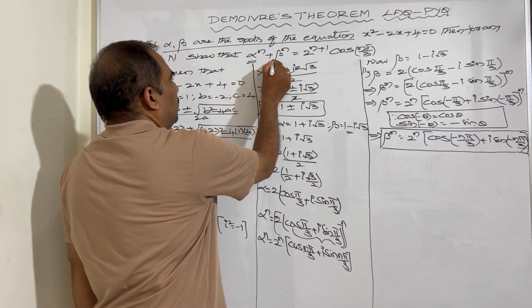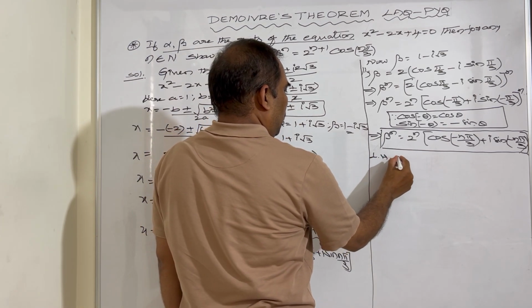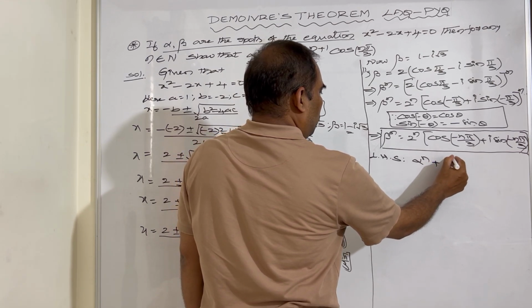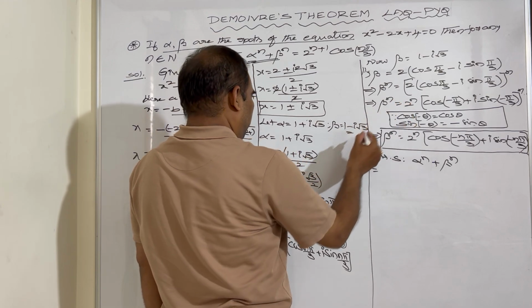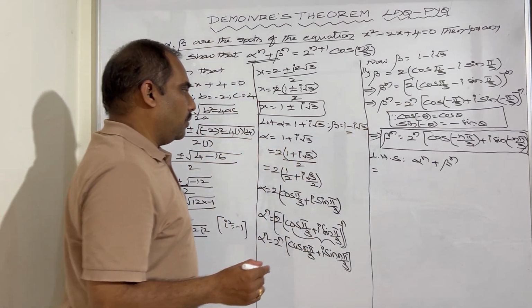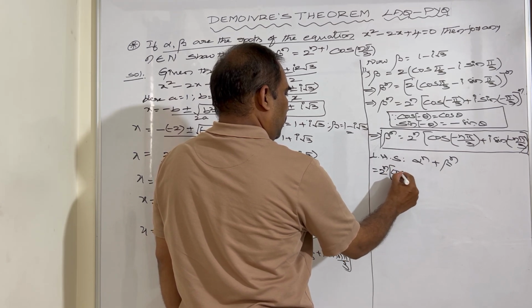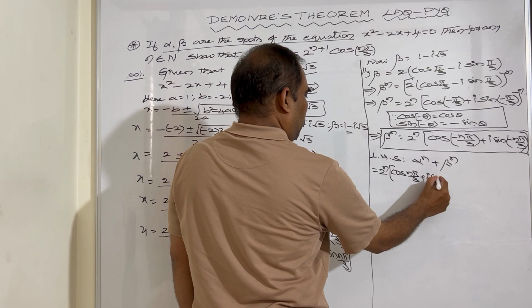So what is given here, LHS? LHS is alpha to the power of n plus beta to the power of n. So which is equal to, alpha to the power of n is 2 power n into cos of n pi by 3 plus I sin of n pi by 3.